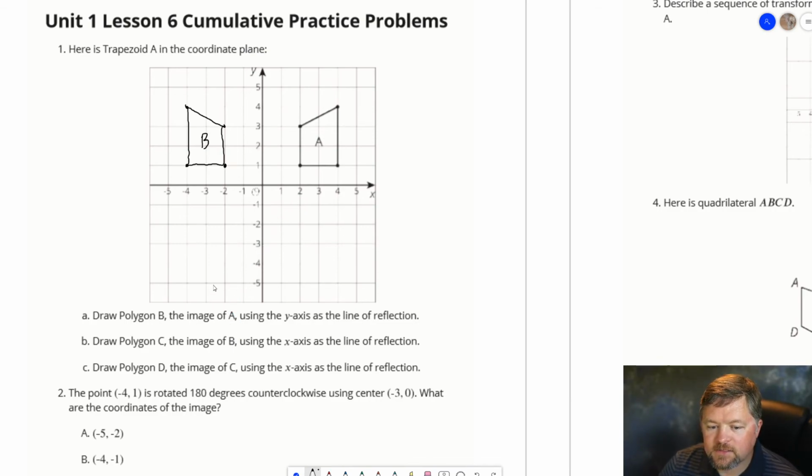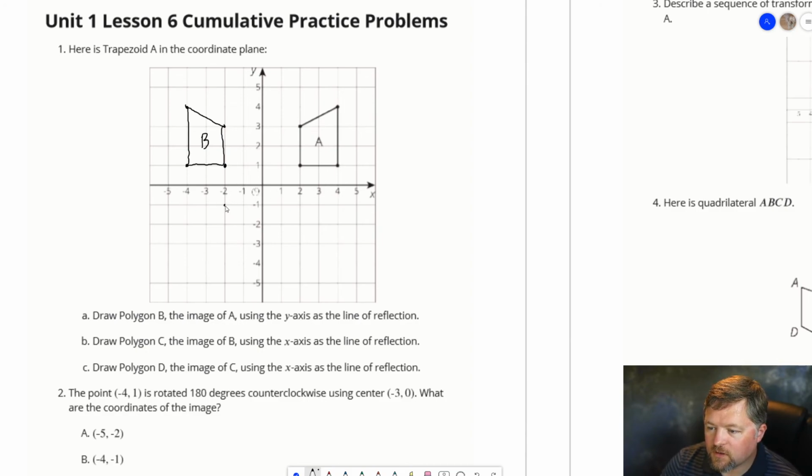Okay, next it asks for polygon C, the image of B, using the x-axis as the line of reflection. So we want to reflect this figure over the x-axis.